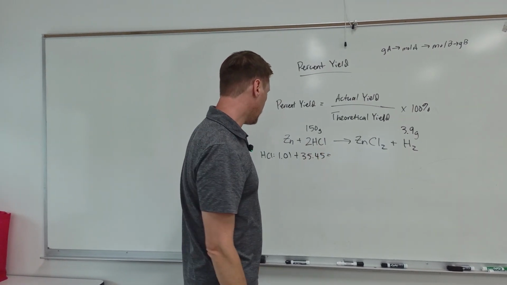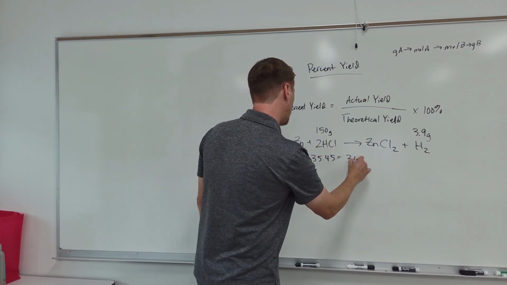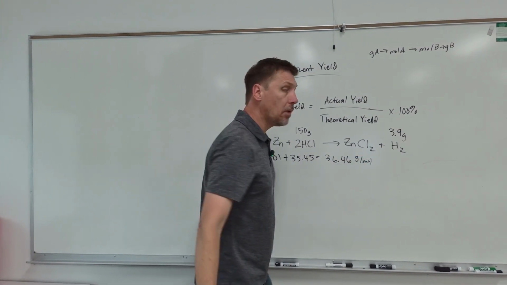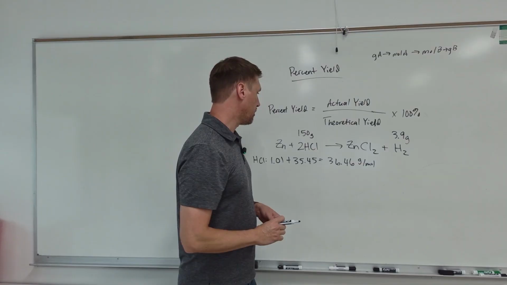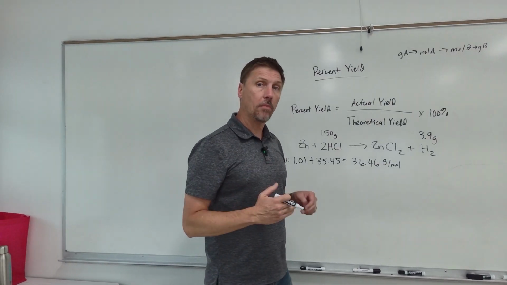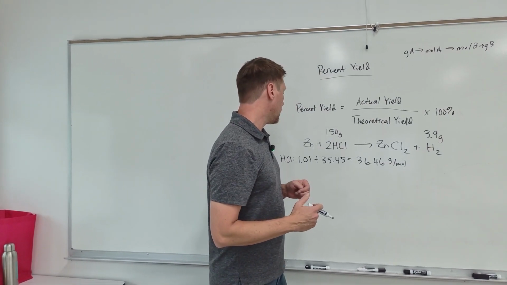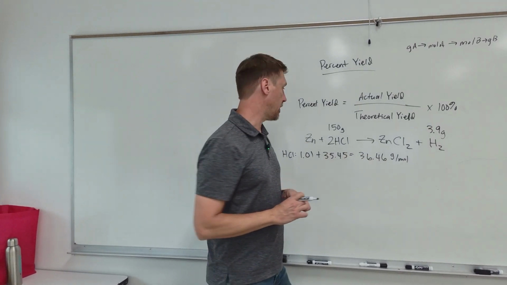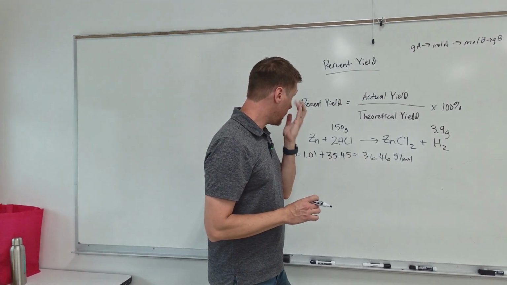Adding those two numbers together, we get 36.46 grams per mole, right? That is our molar mass for hydrochloric acid. So 1 mole of hydrochloric acid is going to contain 36.46 grams of hydrochloric acid, right?